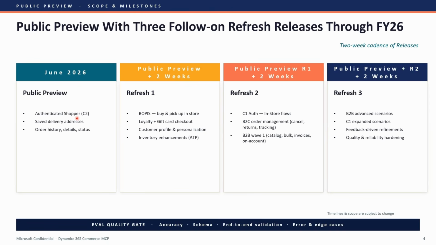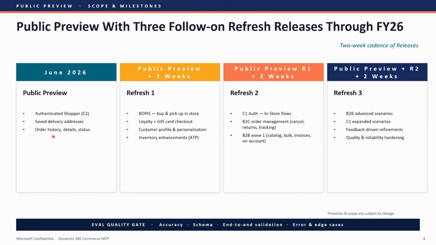You would be able to track all your order history across all your channels through agentic interaction itself. What we mean by that is you might have bought online, through the call center, or in store. All of those transactions are now trackable via agentic interaction through commerce MCP itself.